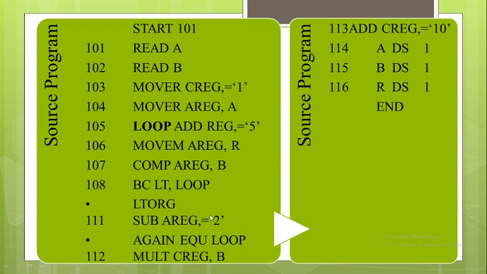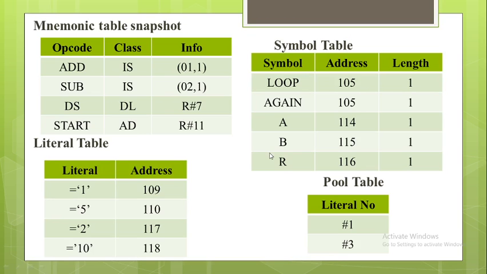Now over here, the EQU directive is going to add a symbol again in the symbol table with the address of loop. Just see over here.